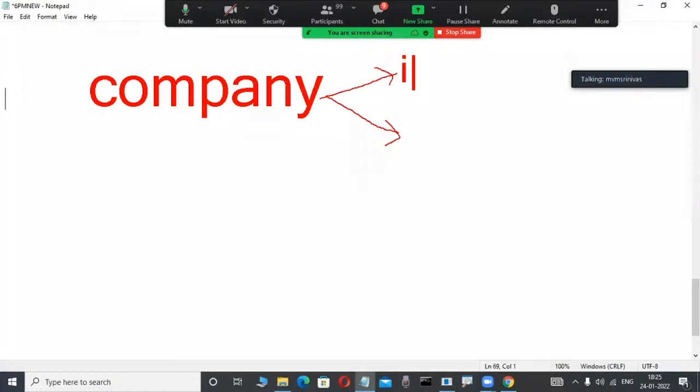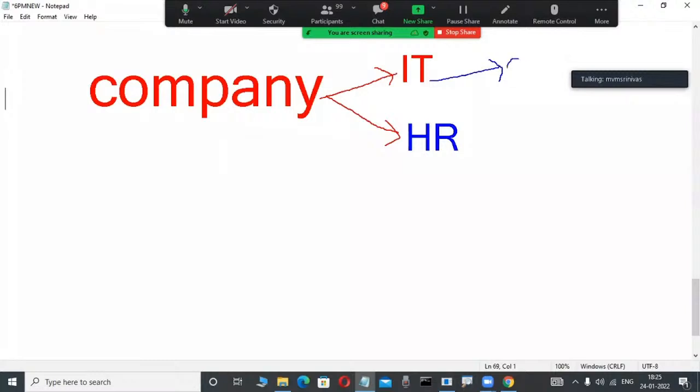IT is a department, and HR is also a department. Suppose your son joins a company, he is also working in the IT department. In this IT department, for example, 3 employees are working. Again, in the HR department, 1 employee is working. This is a small scenario. In a company, an IT department and an HR department are there. One company, 2 departments. In the IT department, 3 employees are working.